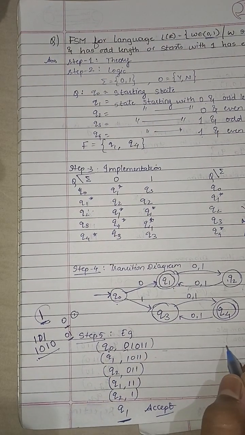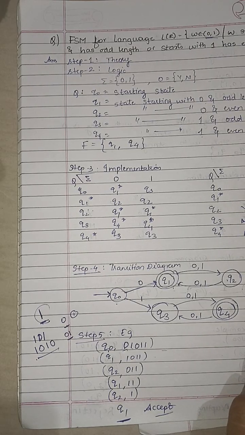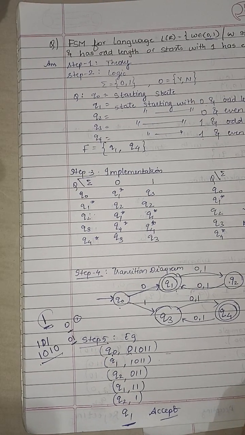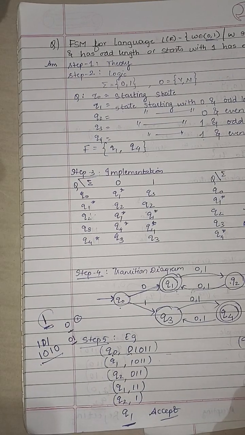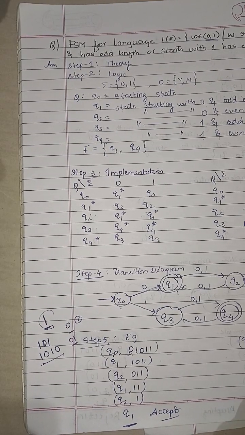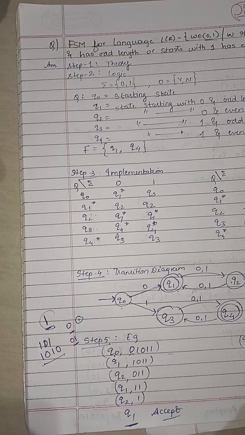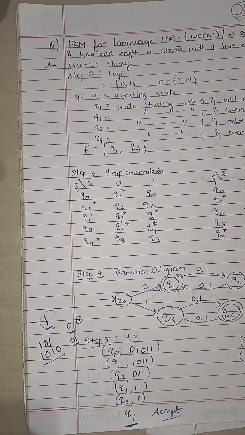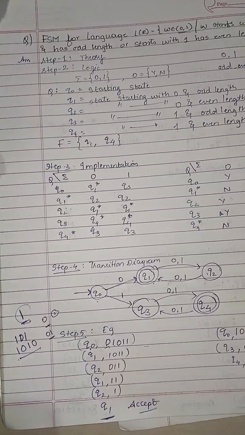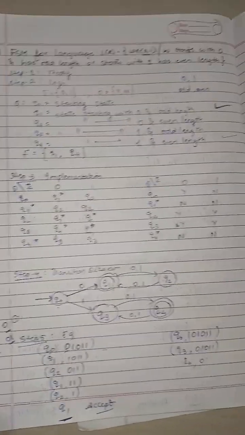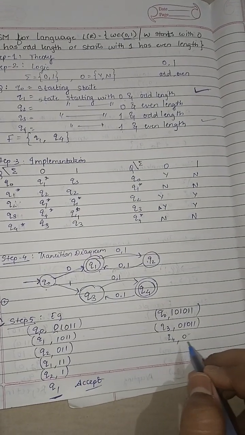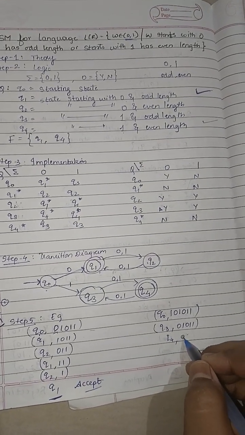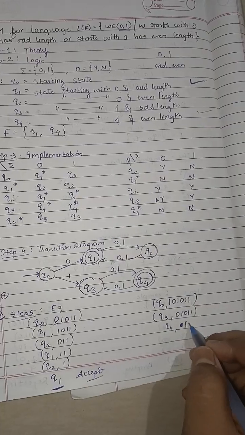Now I am showing another example, starting with 1 and having an even length: 1 0 1 0 1 1. Q0 is getting 1, goes to Q3. Then 0 1 0 1 1. Q3 is getting 0, going to Q4. Wait, this is not 0, it will be 1 0 1 1.